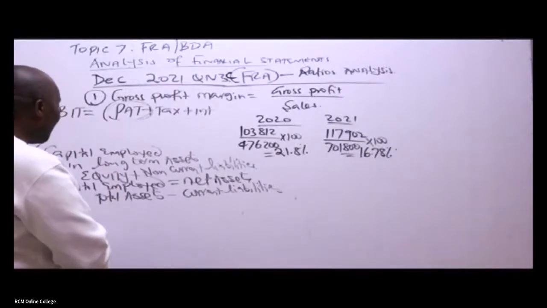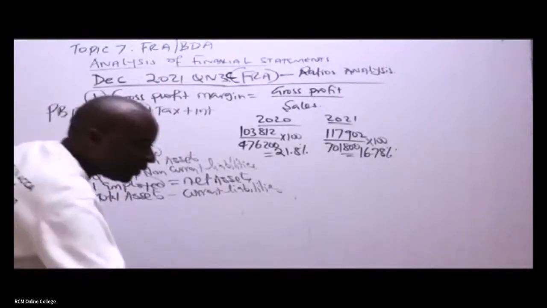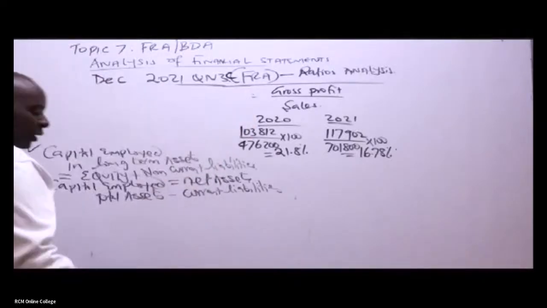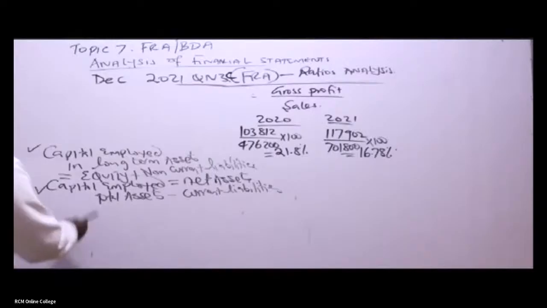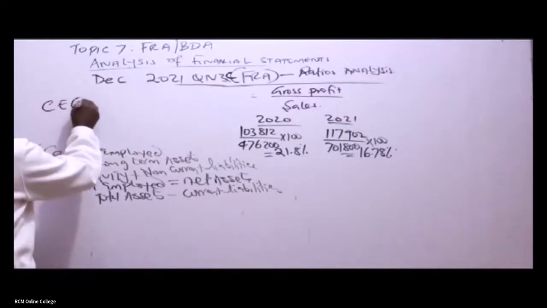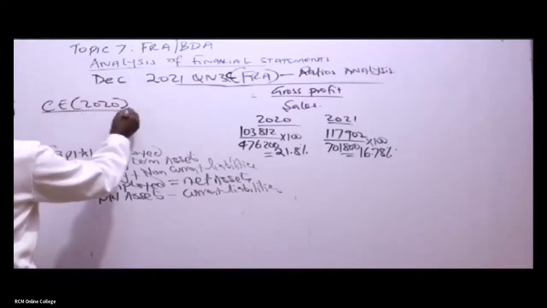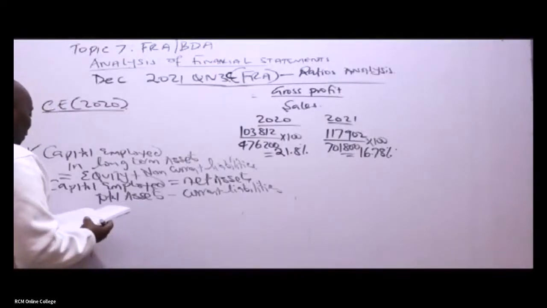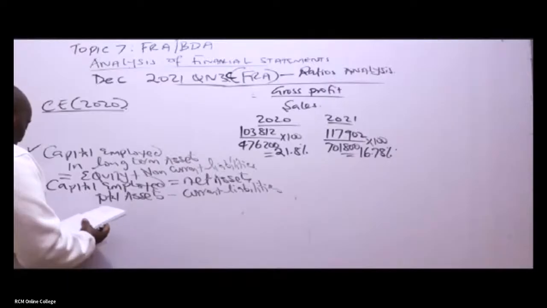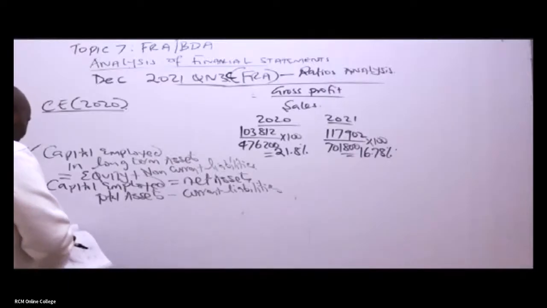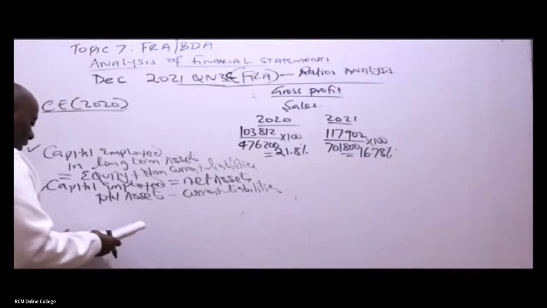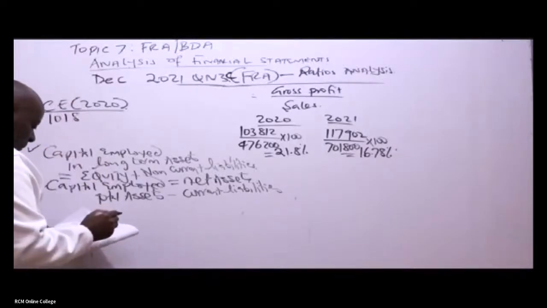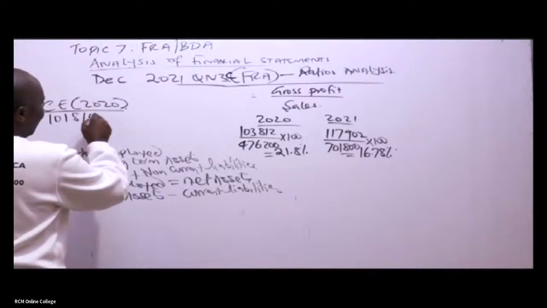And for the year 2020, I have to make work easier for you. Are you able to give me CE, capital employed, for the year 2020? How do we get our total assets? It's very easy. First of all, non-current assets are 1,018,140.